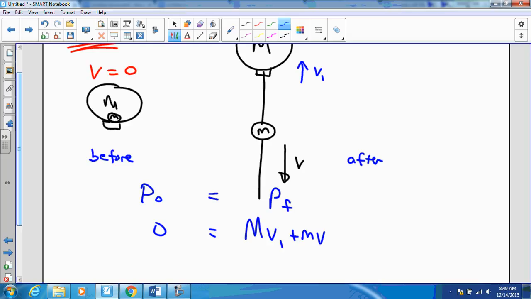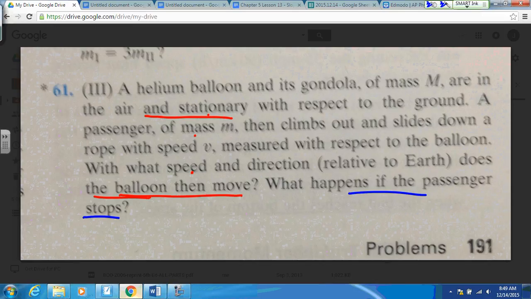But now we're troubled a little bit by some wording in the problem. And that is that this guy was sliding down a rope with speed v measured with respect to the balloon. And what's weird about that is that up until this moment we had been using the Earth as a reference frame, right?